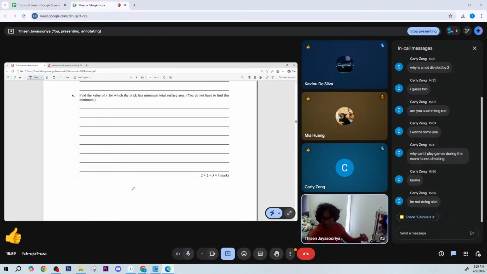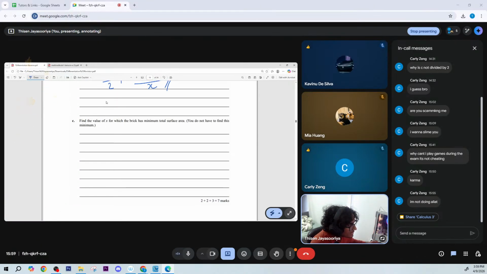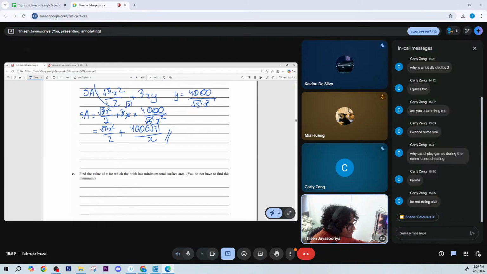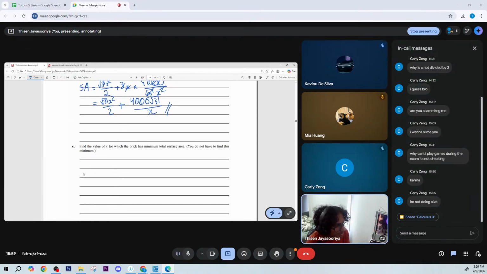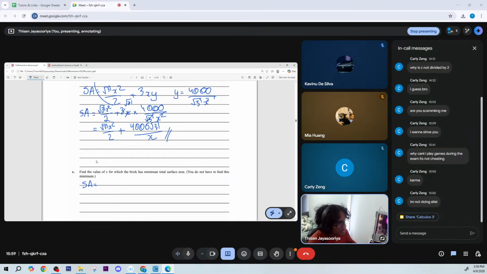So then, it says here, find the value for which the brick has a minimum total surface area. Kavinu, how can I write the surface area in a form that we can differentiate a little bit nicer? Because we know it's a minimum, we have to use derivatives.